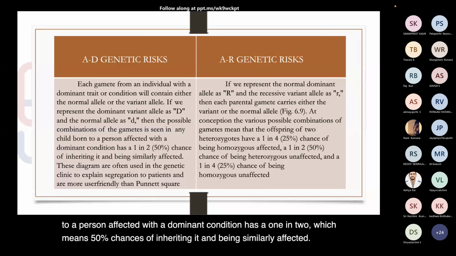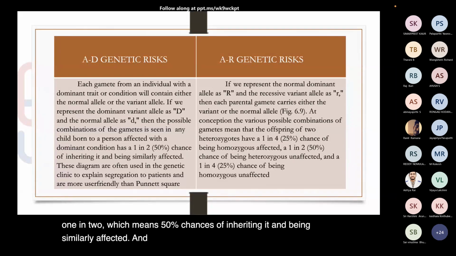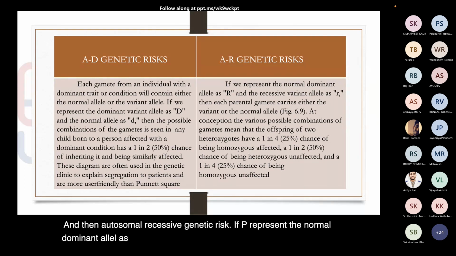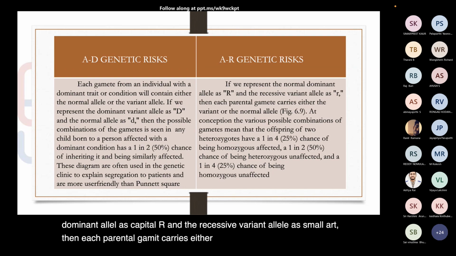And then autosomal recessive genetic risk. If we represent the normal dominant allele as capital R and the recessive variant allele as small r, then each parental gamete carries either the variant or the normal allele.